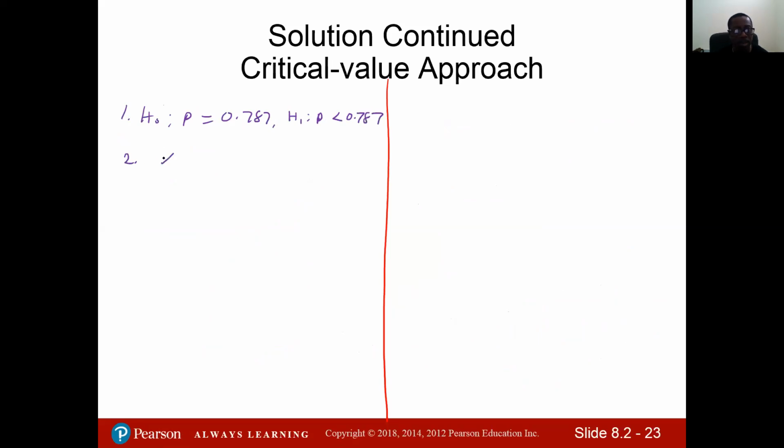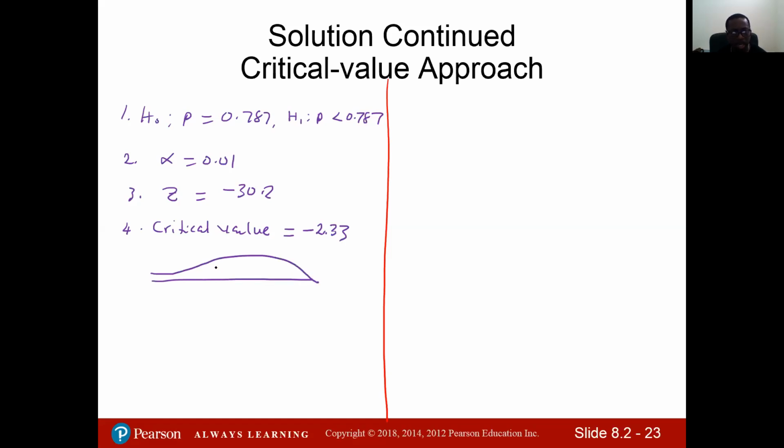Step two, my significance level alpha is the same, 0.01, it doesn't change. Step three, we calculated a Z statistic, which is negative 30.2. Step four, we get the critical value that I just showed you. The critical value in this case is negative 2.33. So this is what is happening. That's the one we just did. You have your density curve.